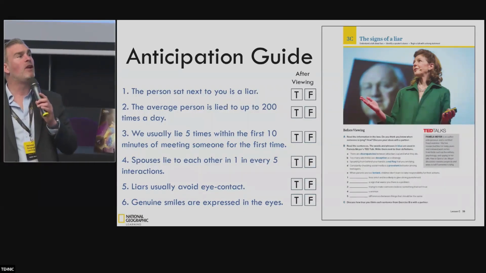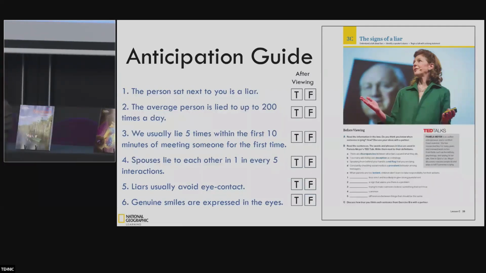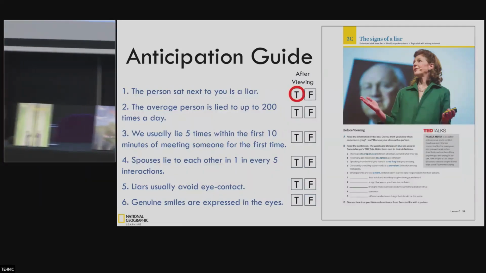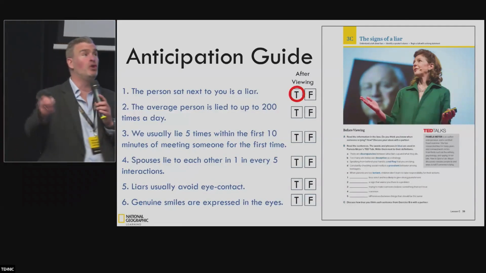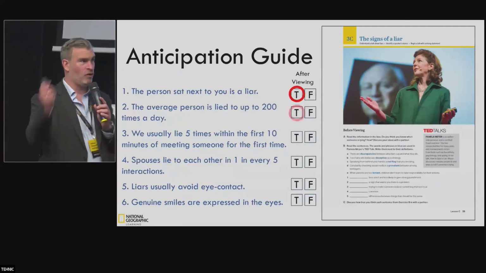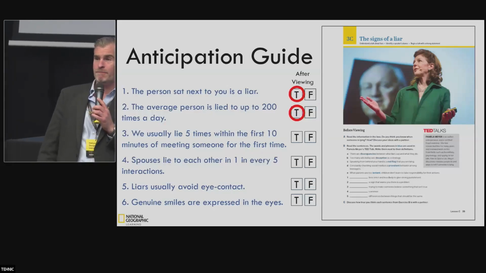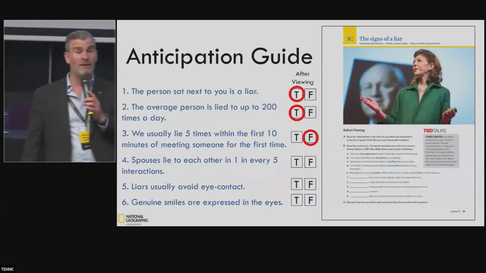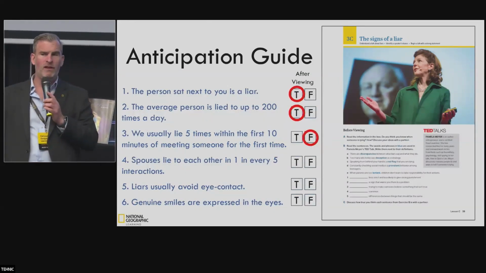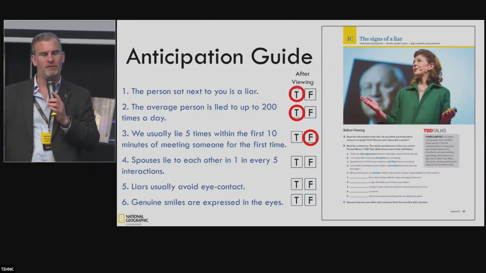So look, number one, the person sat next to you is a liar. True. The average person is lied to up to 200 times a day. True. We usually lie 5 times within the first 10 minutes. Yeah, it was false. It was 3. So it's kind of a little white lie. I just changed the number.